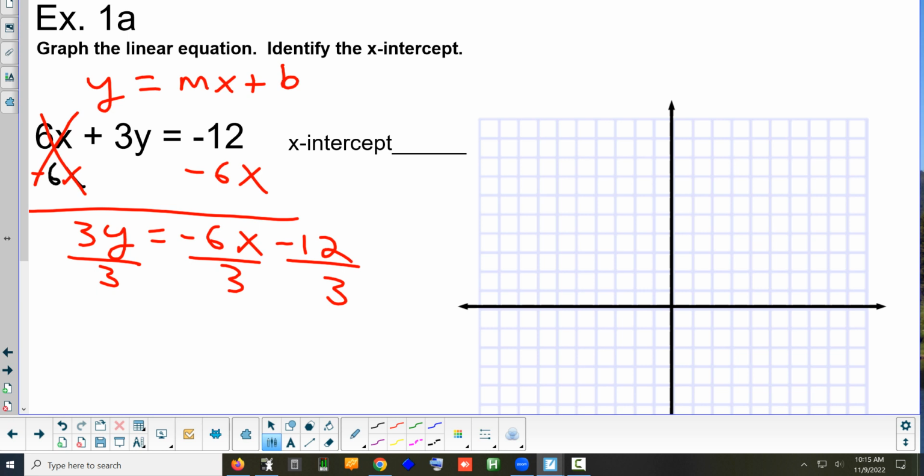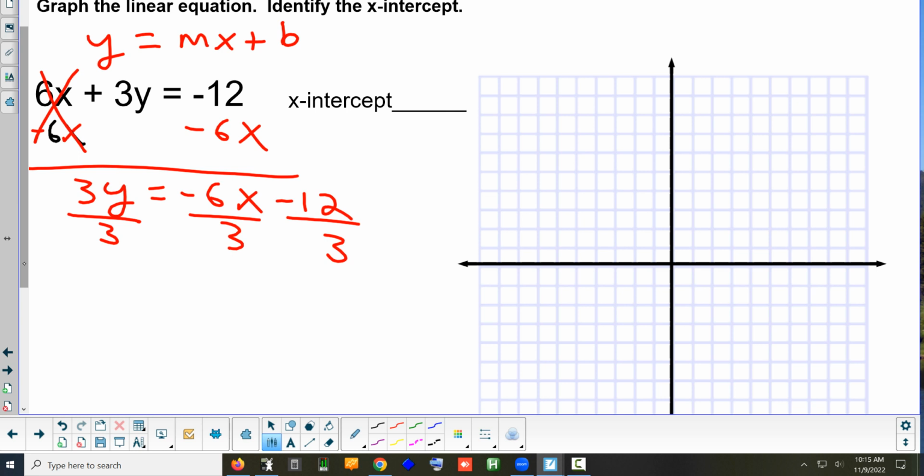All right, Anaya, what's 3y divided by 3? Y. Yeah, y, right? 3 divided by 3 gives me 1. So essentially I have 1y. And Sophie, what about negative 6x divided by 3? Negative 2x.